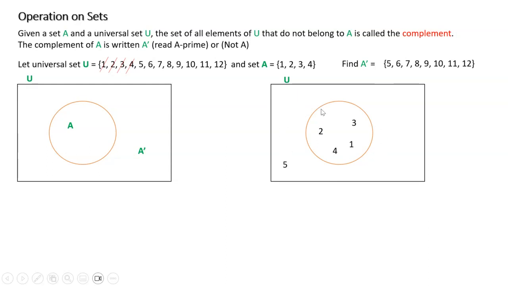Everything being considered is enclosed here. Again, this is A, and not A, or the complement of A, is what's outside the circle. It doesn't matter where you put them, as long as they don't go inside the circle, nor outside the rectangle. So this is how you represent it.